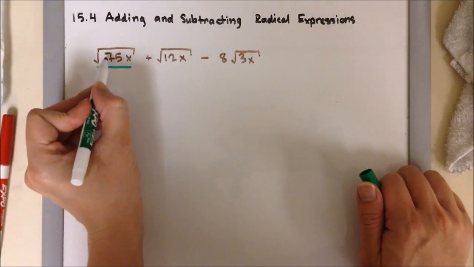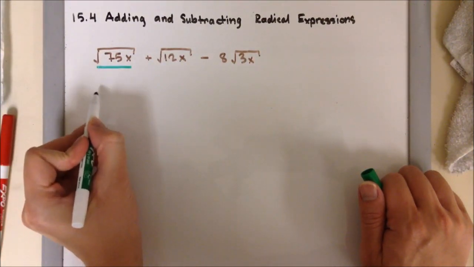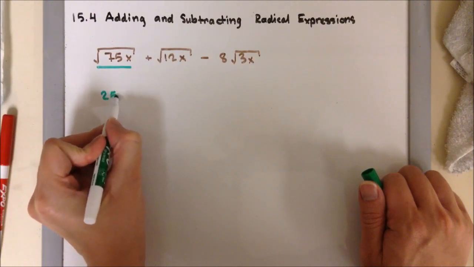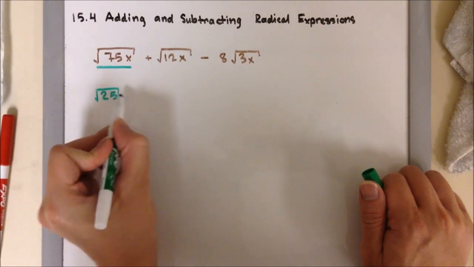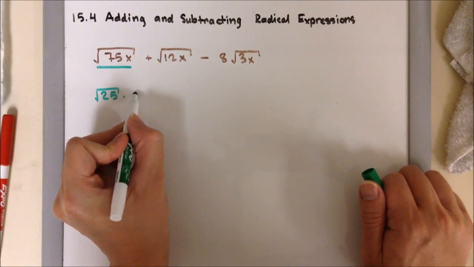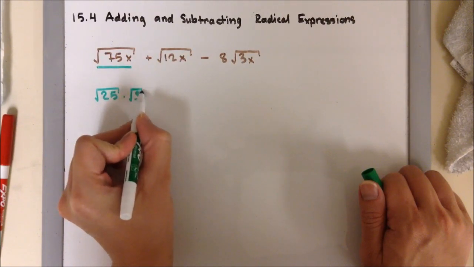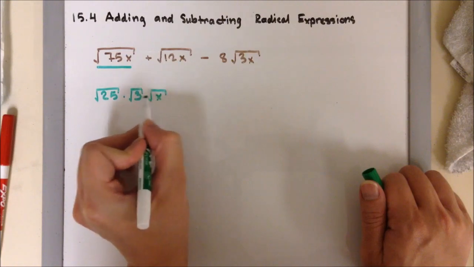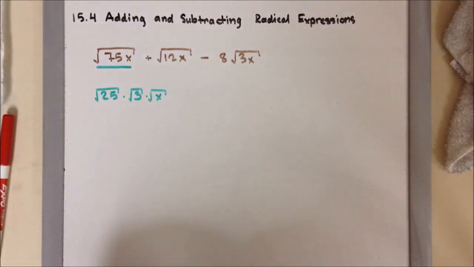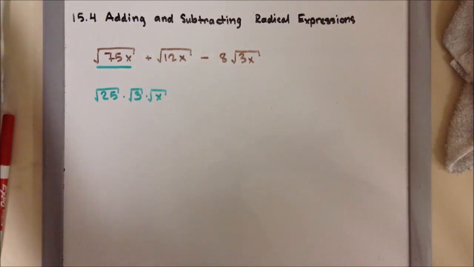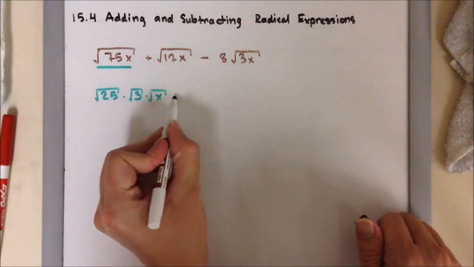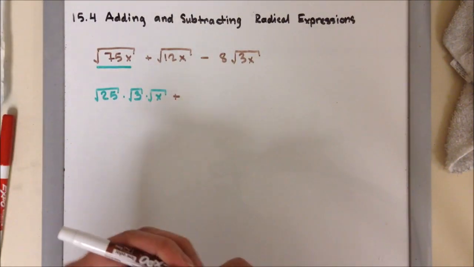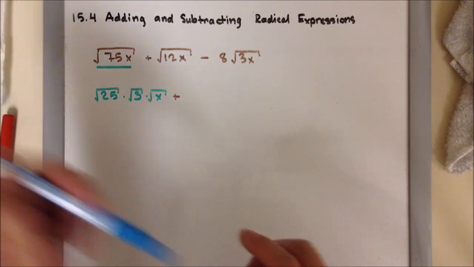So when we're going to break it up, we're going to have the square root of 25 times the square root of 3 times the square root of x. So right now I'm just separating the numbers and the variables. Next, I'm going to break down square root of 12x.